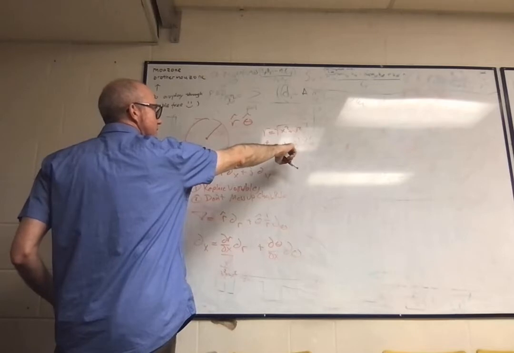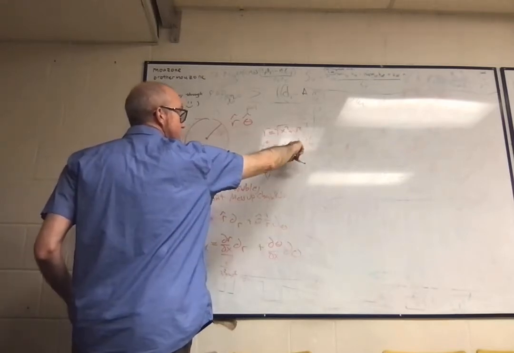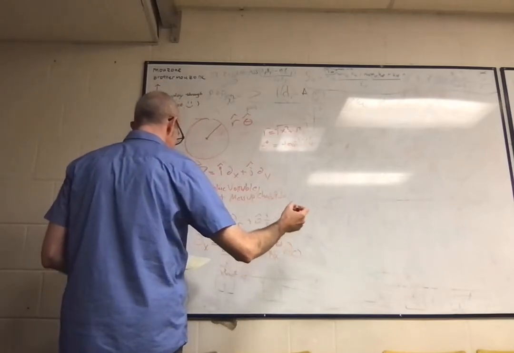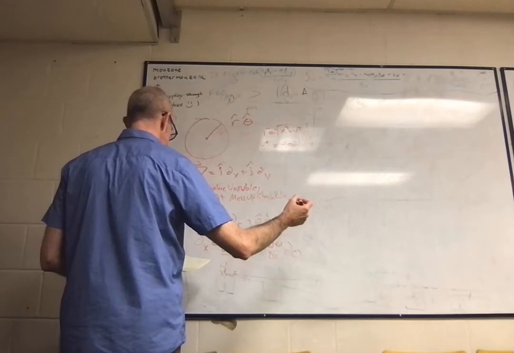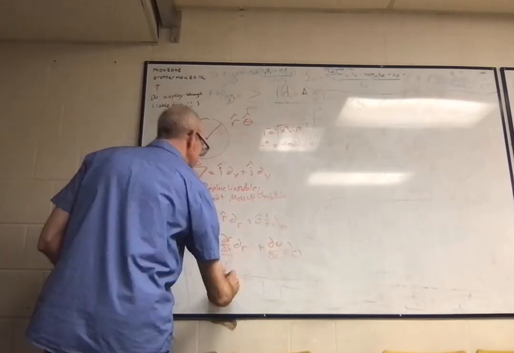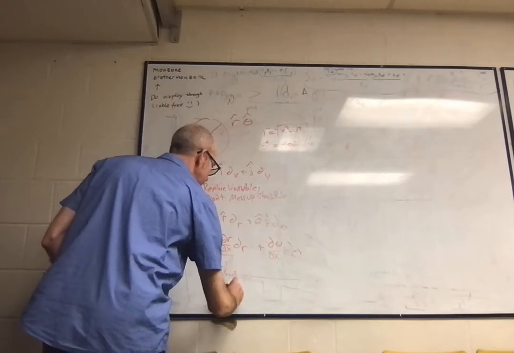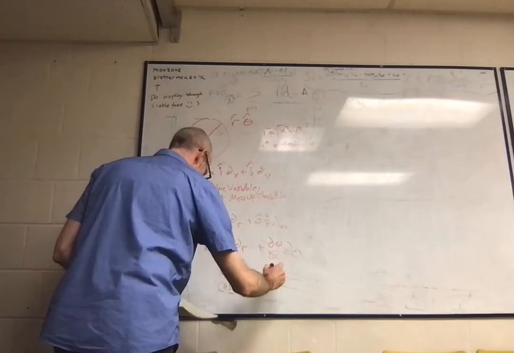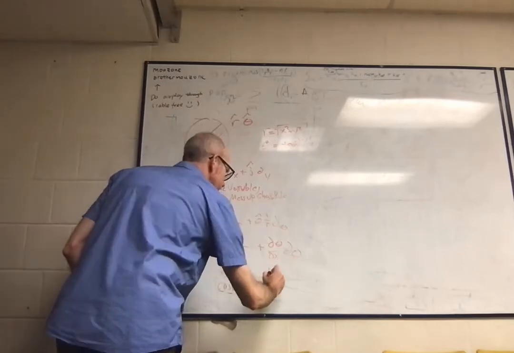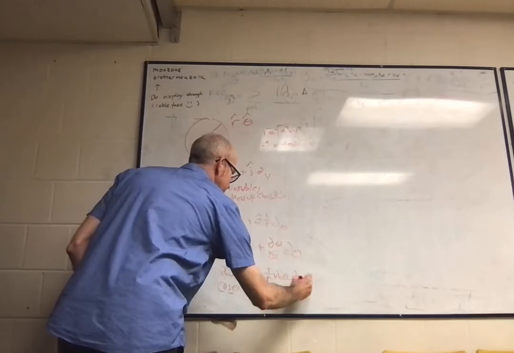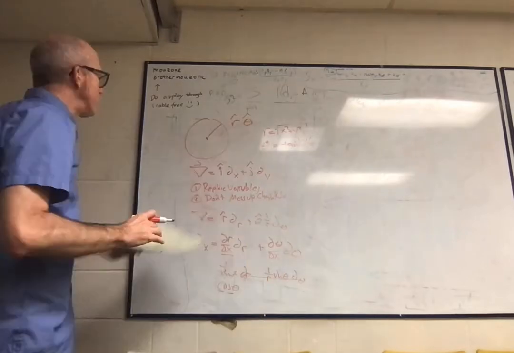I'm not going to do the whole derivation, but you do this derivative, simplify, and you get, oh sorry, this turns into cosine of theta, and this turns into 1 over r sine of theta, d theta/dr.